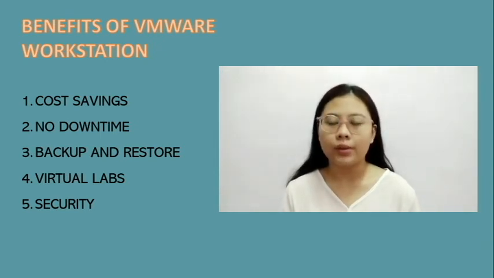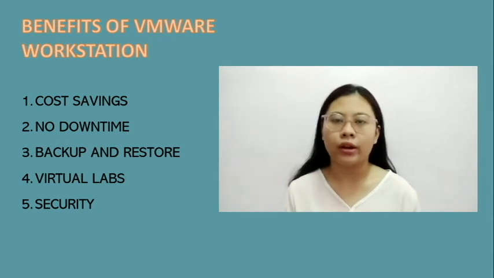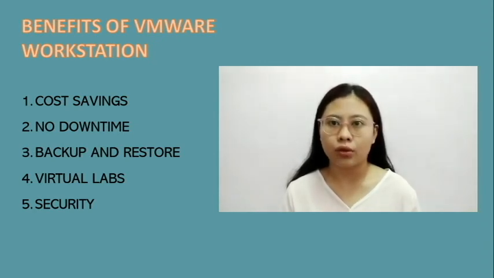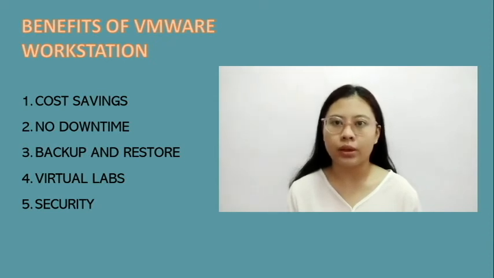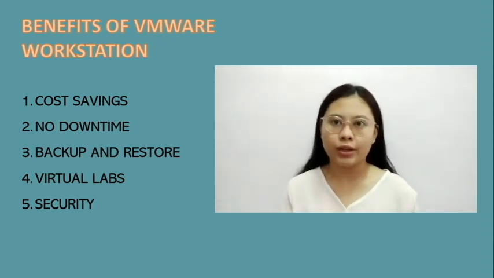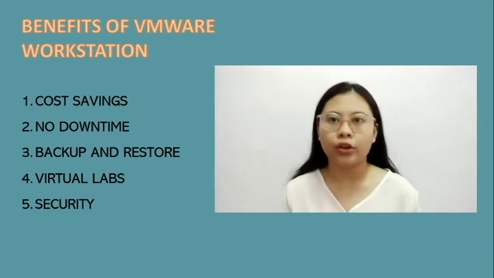So there are 5 benefits of using VMware. First is cost saving. Cost saving means using VMware can reduce the physical server needs, the storage space, and lower the energy bill. Second, no downtime. No downtime means the programs that you install using VMware will run uninterrupted.